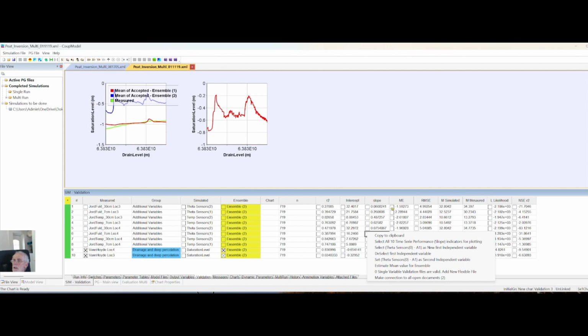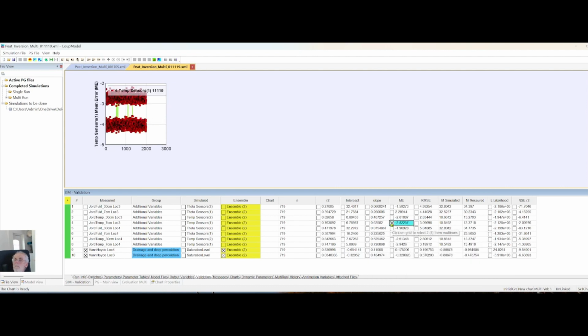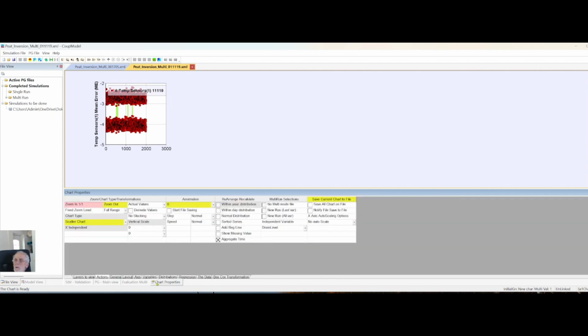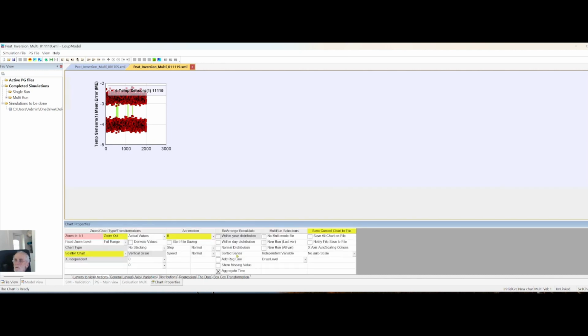We can take, for instance, this, now plotted in the scatter way. Okay, this was not exactly what I expected to see. How come?